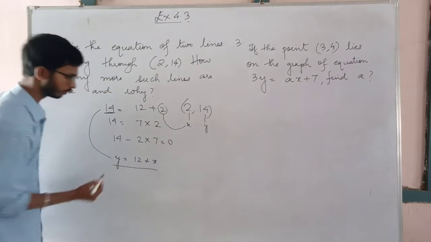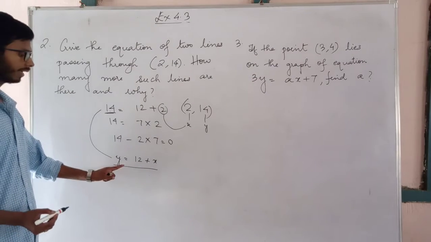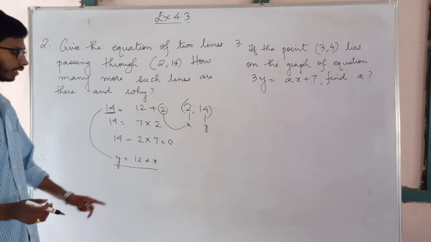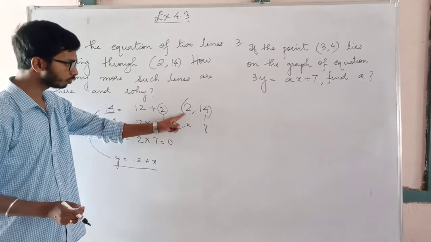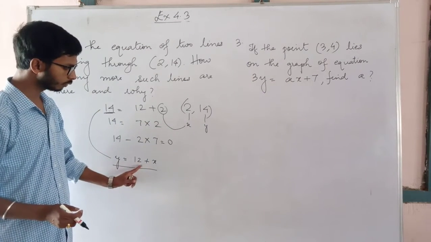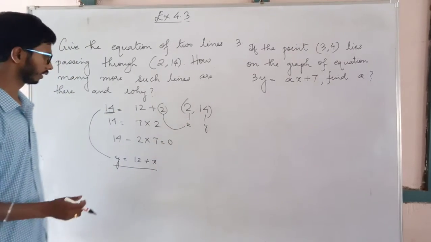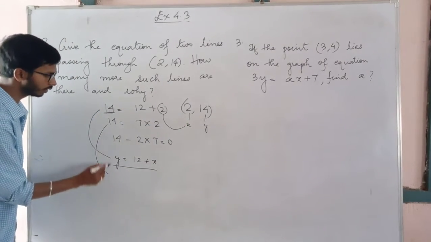So we can have one equation like this: y equals 12 plus x. You can check it. When x is 2, 12 plus 2 gives you 14. Let us see the second one.